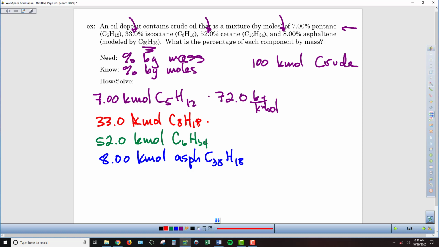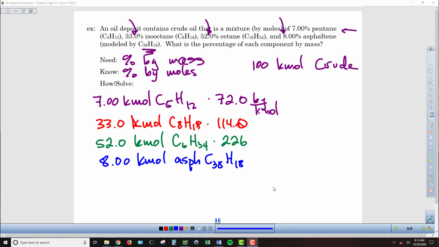For the isooctane, we have a molar mass of 114 kilograms per kilomole. For the cetane, it's 226. And then finally, for the asphaltenes, we have a molar mass of 474.